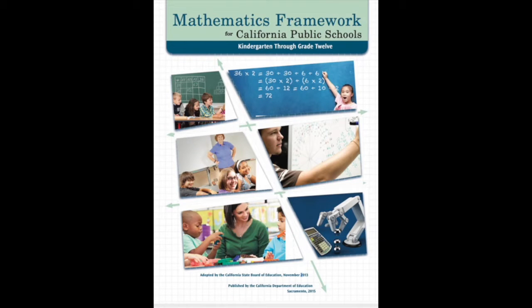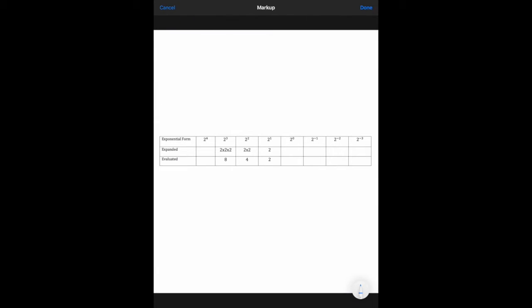I actually got this concept from the Mathematics Framework for California Public Schools. I believe you can get this PDF from the California State Board of Education's website. It's a great tool for any math teacher on ways to have a different approach when teaching mathematics. I highly recommend it.